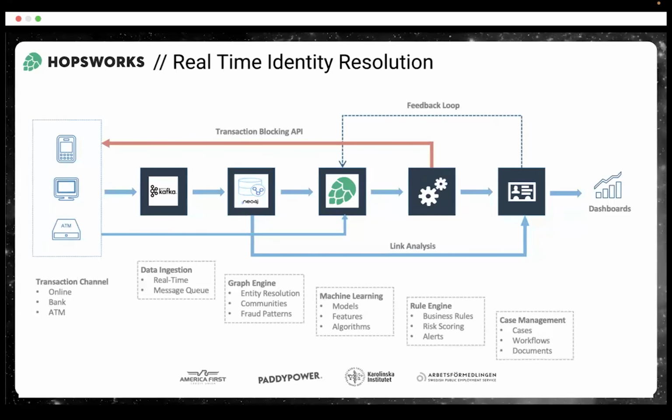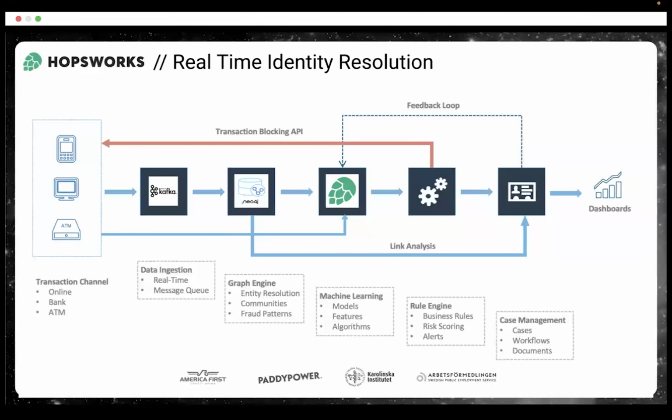You can do this in real time, which means you can make an API call to the HopsWorks system, which will in turn look into the Neo4j graph database. It's going to look for all the relationships and make sure that this customer does not exist. And if it exists, it's going to return a customer ID and all the details of the matching customer, right? Then you can confirm with your customer if it's the same customer, and link them to the existing customer. All this can be done in real time.